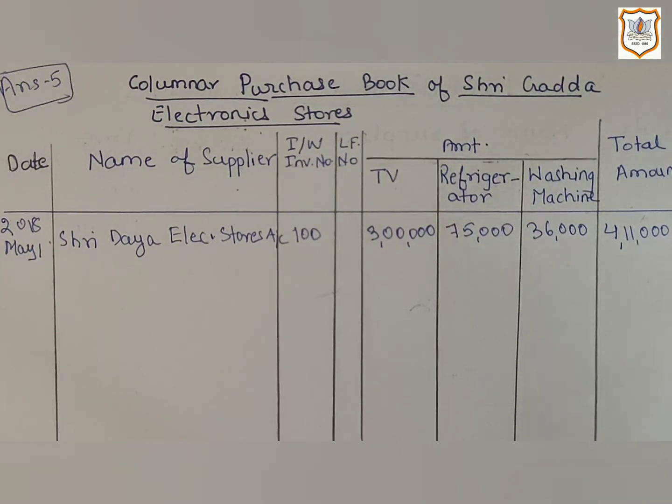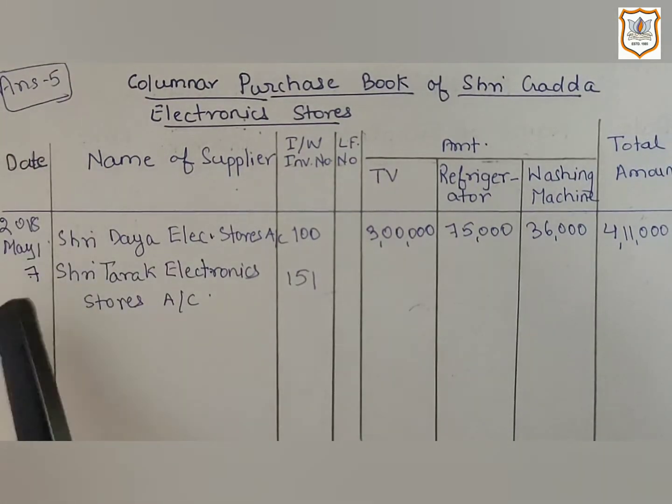Now this transaction is partial, that means half credit transaction and half cash transaction. But as I told you earlier, when the transaction is half credit and half cash, while recording it in the purchase book, we have to consider the whole transaction a credit transaction. So now we will record here the whole amount.